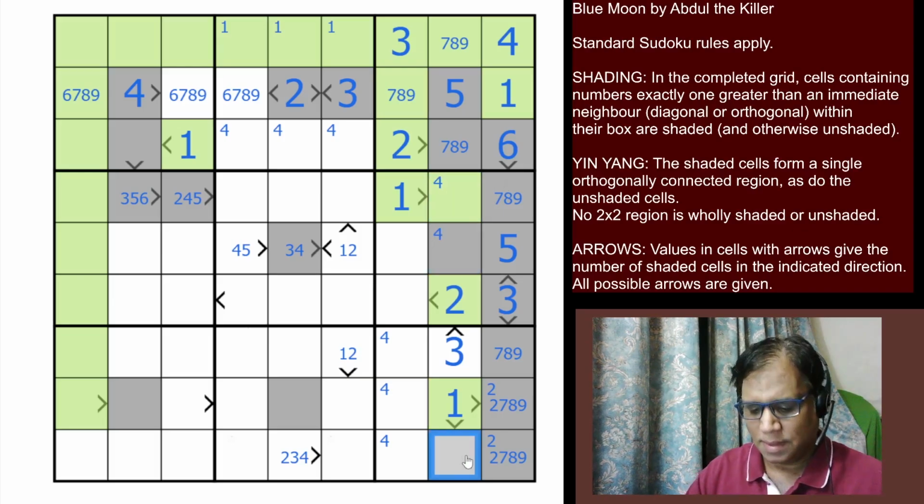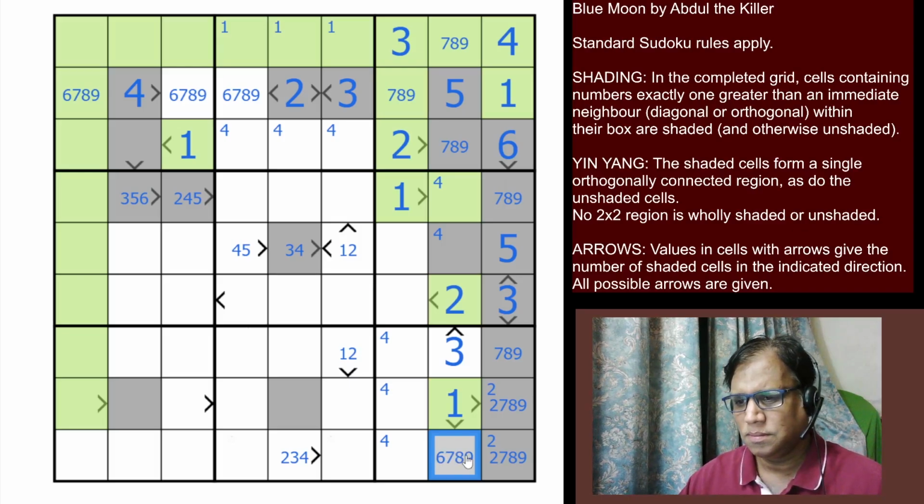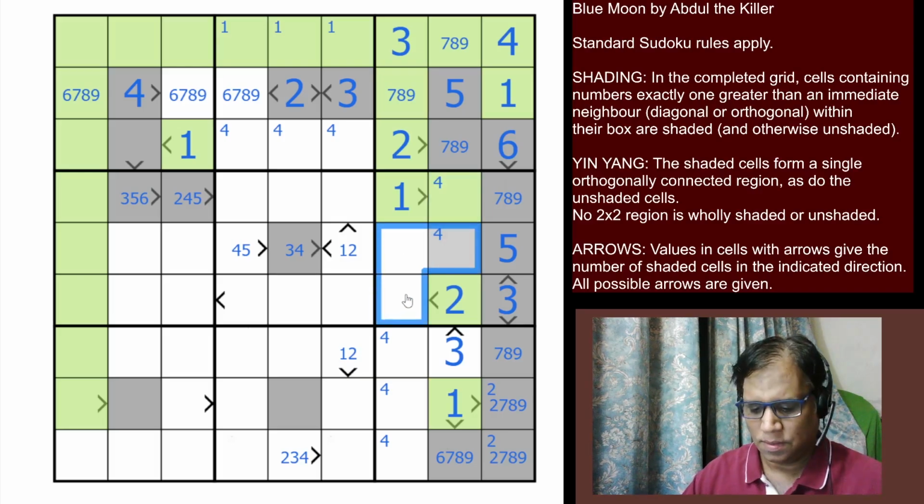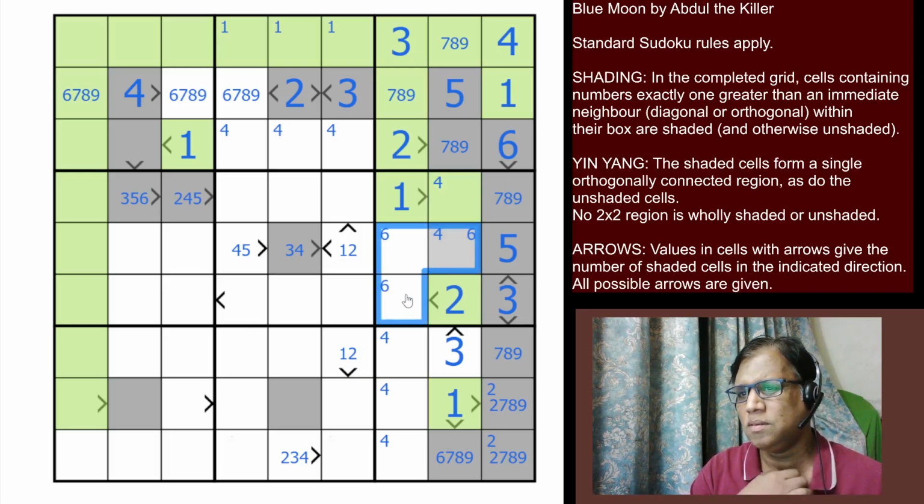So now I can say 6, 7, 8, 9. So 4 could be there, 4 could be here. 2 is fine, 5 is here. 6 can't be there. So 6 is somewhere here, one of these 3 is 6. 5, 7, 8, 9.